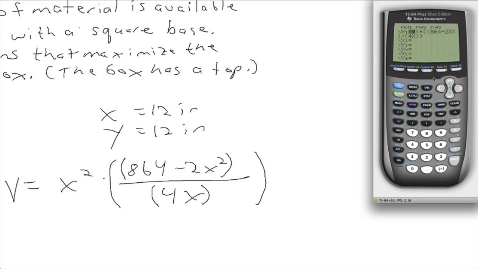Syntax error. Oh, okay, well, compare what you have to what I have on my screen here. I have x raised to 2 times, parentheses, parentheses, 864 minus 2x raised to 2, close parenthesis, divided by parentheses 4. I have the same thing. Try getting rid of the two parentheses at the end because they're not really necessary.